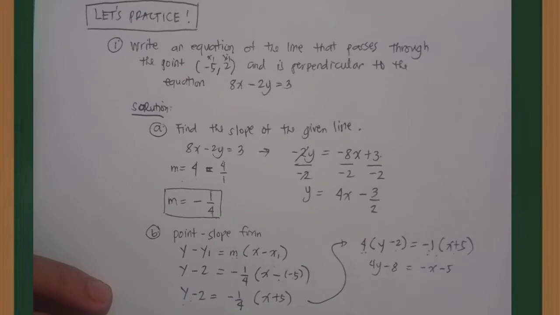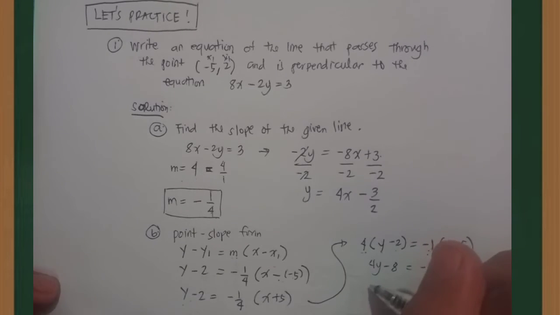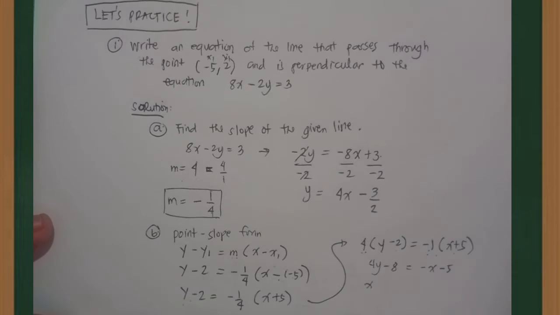Did you get me? After this, we transform it into its standard form. Transposing the negative x, it becomes positive x plus 4y equals negative 5 plus 8. Are you following?